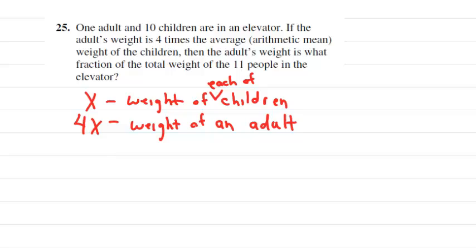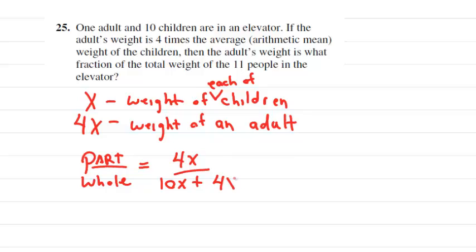Now, if I want to know the fraction of the total weight that one adult is, then a fraction, as I said earlier, is just a part over a whole. And one adult is equal to 4X. And the total weight on the elevator is 10 children plus 1 adult. And the adult is 4X.